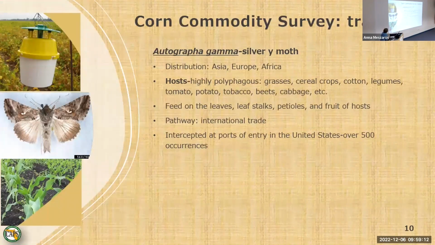So another, starting with trapping right now, Autographa gamma. We use that kind of trap, the yellow plastic trap. And inside we put a killer strip, just in case when some moth or butterfly goes inside, it is killed. When we take it out, we are safe to move the sample.